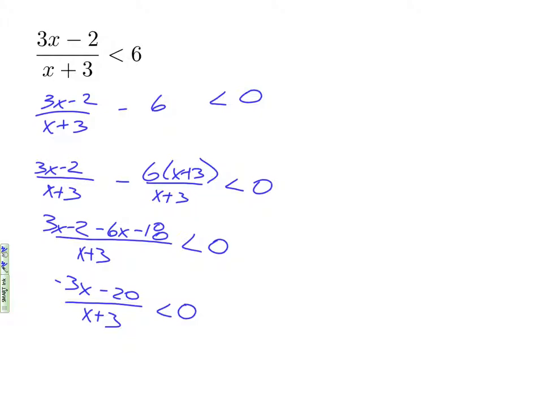Once I get here, I'm ready to go to the number line. What needs to be on the number line? Negative 3 and negative 20 over 3. Which one of those needs to be on the left? Negative 20 over 3 needs to be on the left.